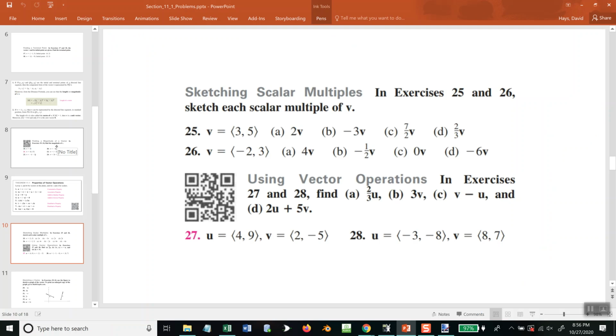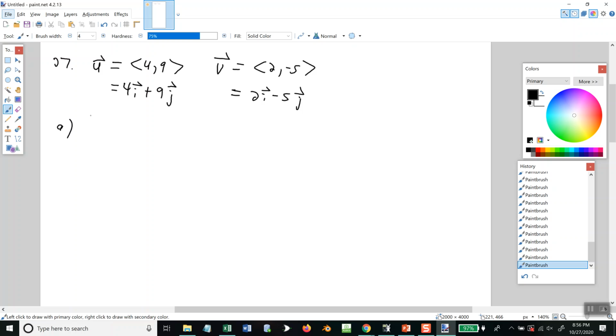First thing is take 2/3 times u. So I've got 2/3 times 4i plus 9j. That gives me 8/3 i plus 6j.